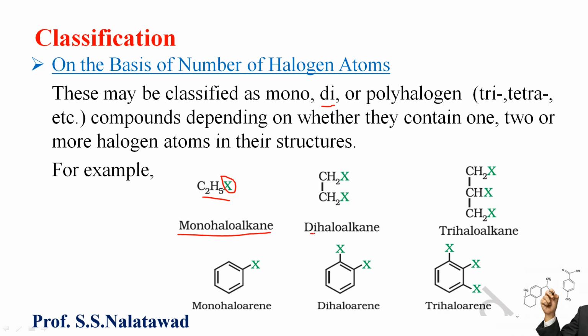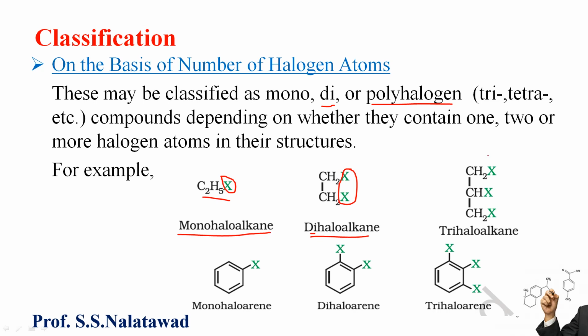And second is dihaloalkane. Di means two. Here two halogen atoms are attached to the alkyl group. And next one is polyhaloalkanes. Poly means more than two. It may be 3, 4, 5, tri, tetra, etc. Here more than two atoms are attached to the alkyl group in polyhaloalkanes.